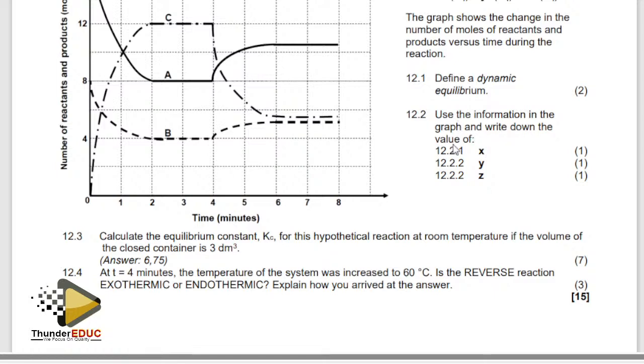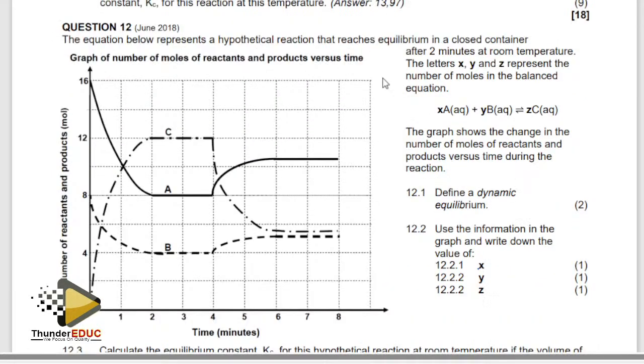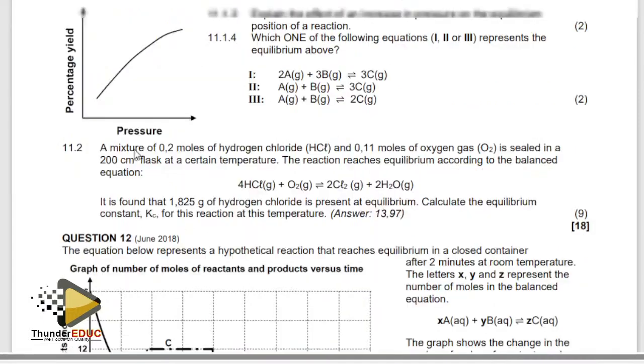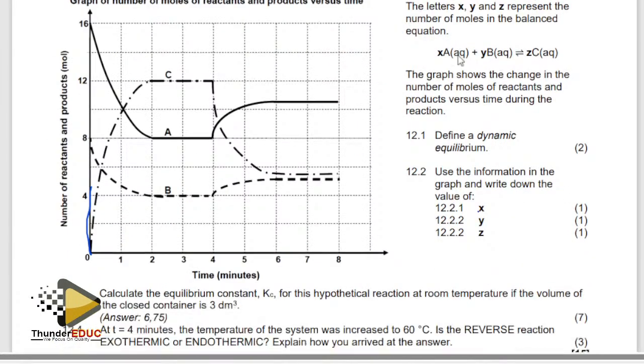Define this. What is X? 2 minutes, X, Y, and Z. What is X? So this is a product, and these two are reactants. Did they give you the equation? Okay. This is product.